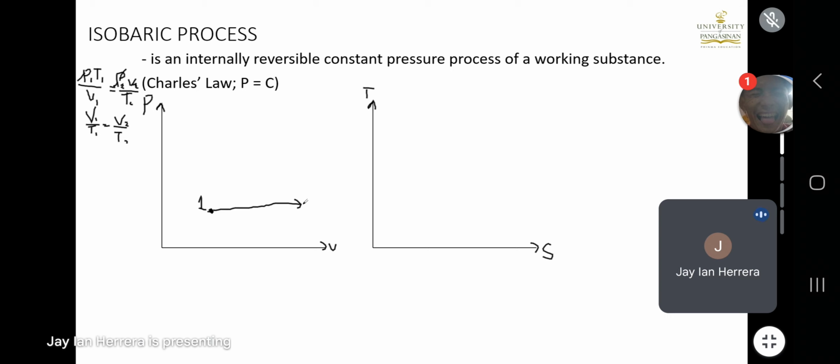Let's say for example that is state line. Then, napunta tayo dito. Point 2 na yun. Since under isobaric siya, hindi nag-change yung kanyang pressure. So, straight horizontal line lagi ang PV niya. So, for TS, ganun pa rin. Curve line pa rin. Kasi for example, dito lang, yung point 2. Curve lang. Curve yan. Dito na yung point 2.